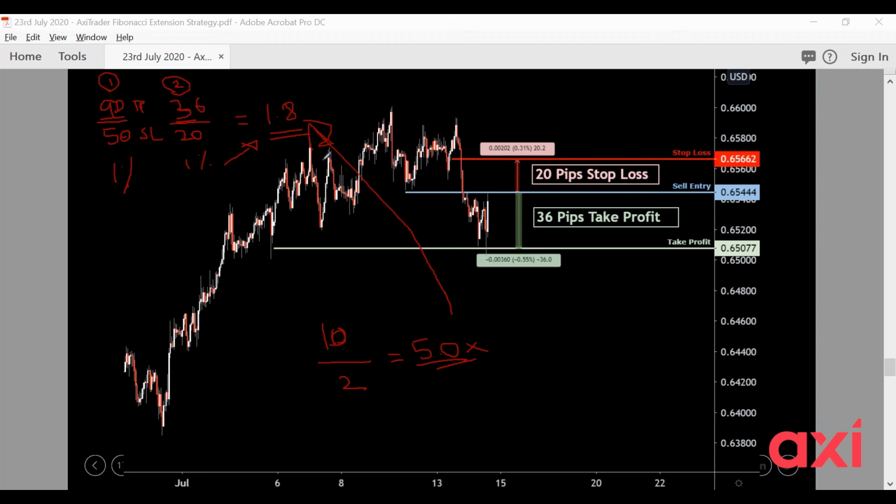Next time you see someone saying he made 100 pips, ask him what his stop loss was on that trade. If your stop loss was 10 pips and you made a risk reward of 1:10, amazing. But if your stop loss was 1,000 pips or worse, a lot of people have 100 pips take profit but they have infinity stop loss. They don't have a stop loss.